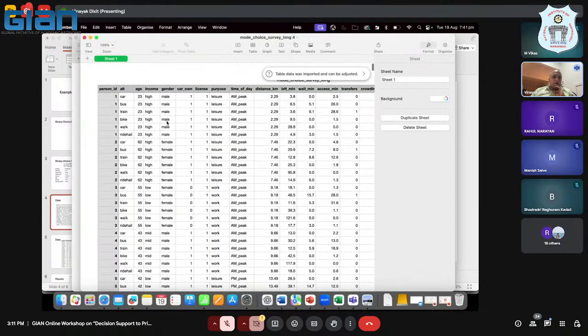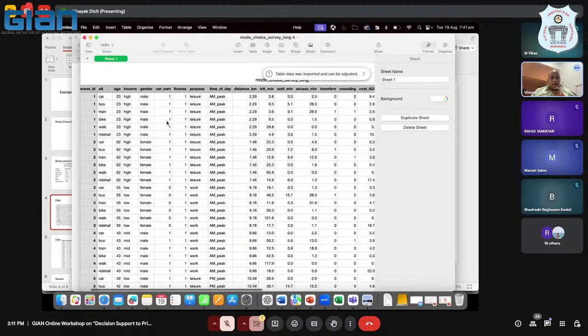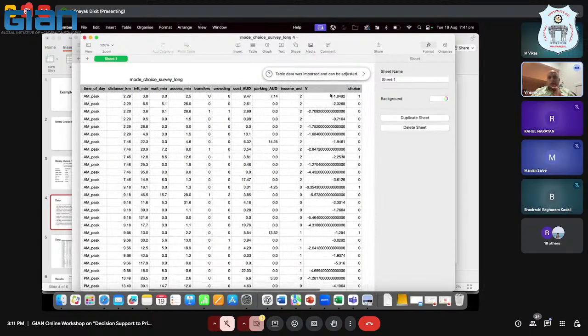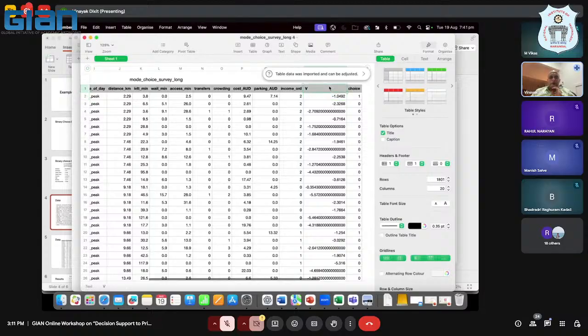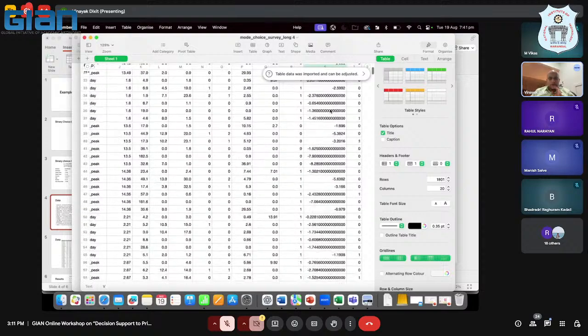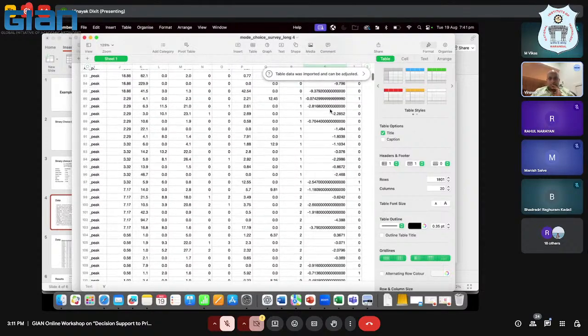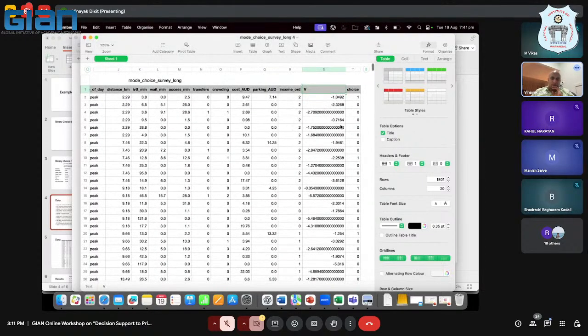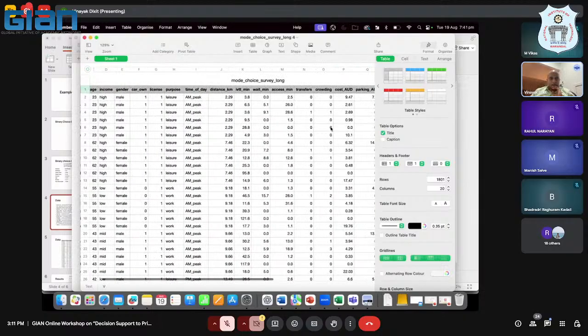So it has a lot of information here, right? When I was simulating it, this is giving you the utility function as well, but we'll get through that in a moment.